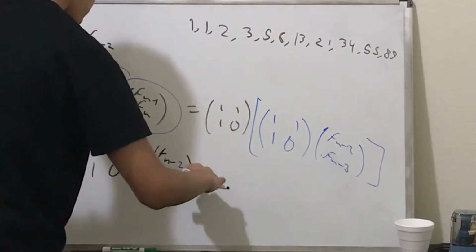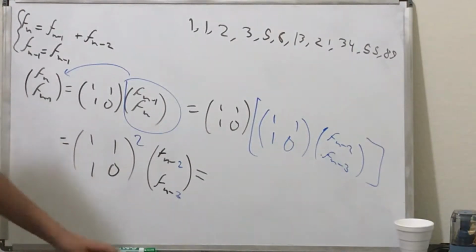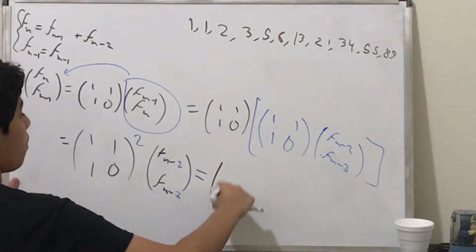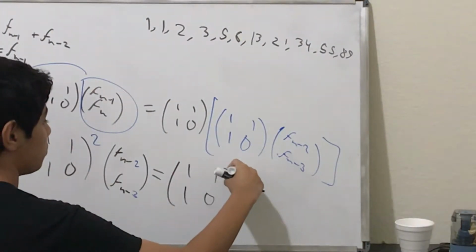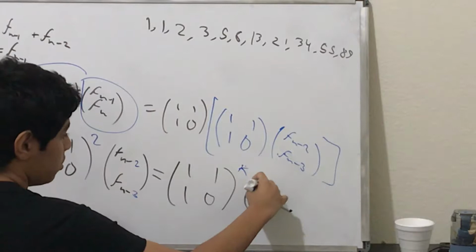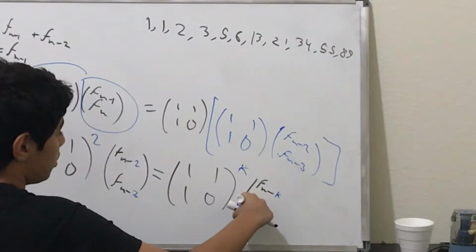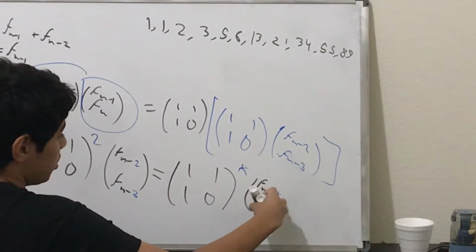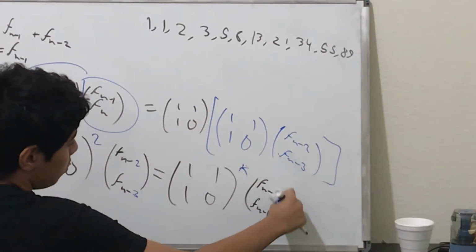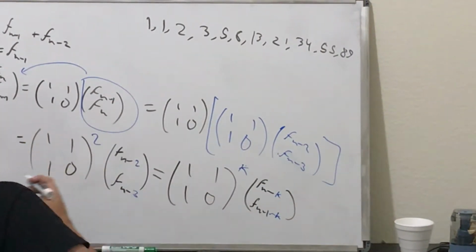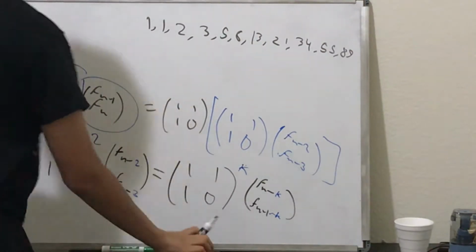And the idea here is that you could keep on plugging this into the formula, and you could get something of the form 1, 1, 1, 0 to the kth power applied onto F of n minus k, and F of n minus 1 minus k. Now, what we'll do is plug in n minus 1 for k.